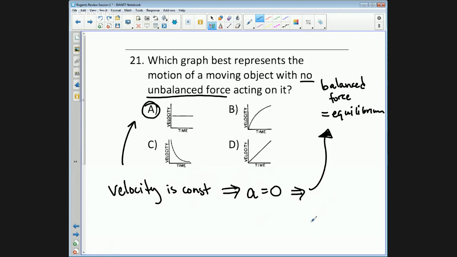Okay? Choice D, like some of you guys said, says that as time is increasing, velocity is increasing. So this one's a tricky problem because of the way that they word it. No unbalanced force means that there's a balanced force. The forces are balanced, meaning the object is in equilibrium.